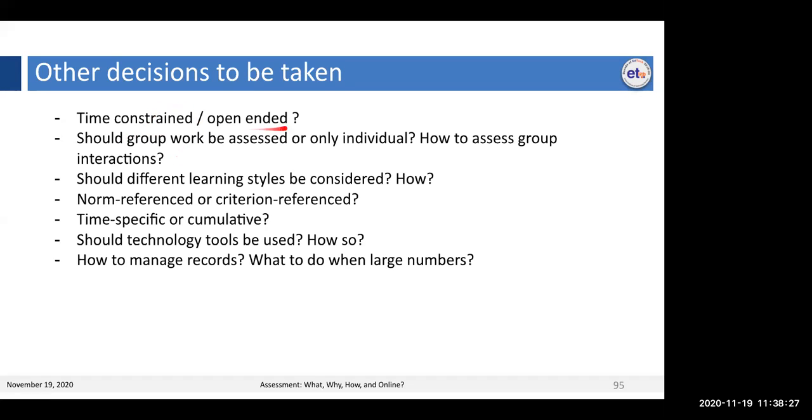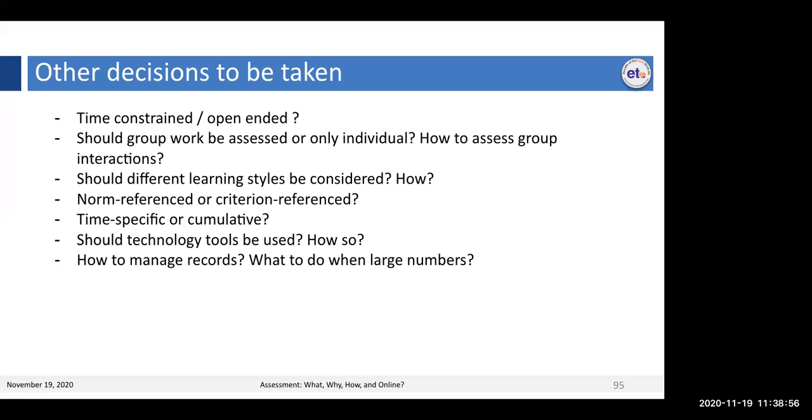The other decisions to be taken: we need to think about time constraint, or whether it is open ended. Then how to assess the group: should group work be assessed, or only individuals? You must have encountered this situation when you conduct project vivas or give marks to students for a project, where you see one is doing programming, one is not doing anything, one presented well.